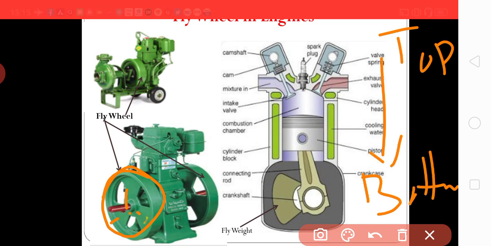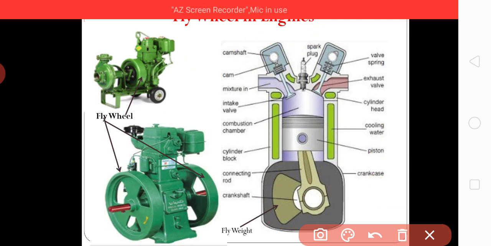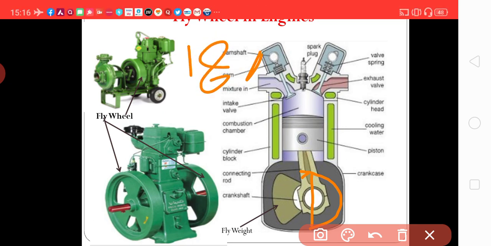The crank rotation has gone from here to here, which means 180-degree rotation from this top position to this position. The crank has moved from here to here, and the total rotation is 180-degree in the first stroke.